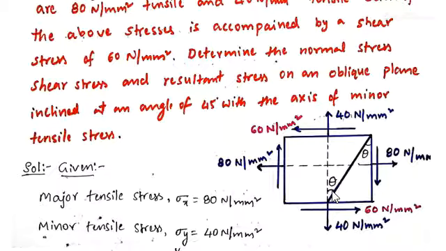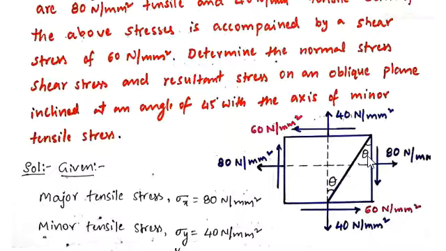So if this is theta, this is also theta. Why? Because these two are alternate angles. So if this is 45, this is also 45, and this is the actual value of theta we are supposed to substitute in the formulas.